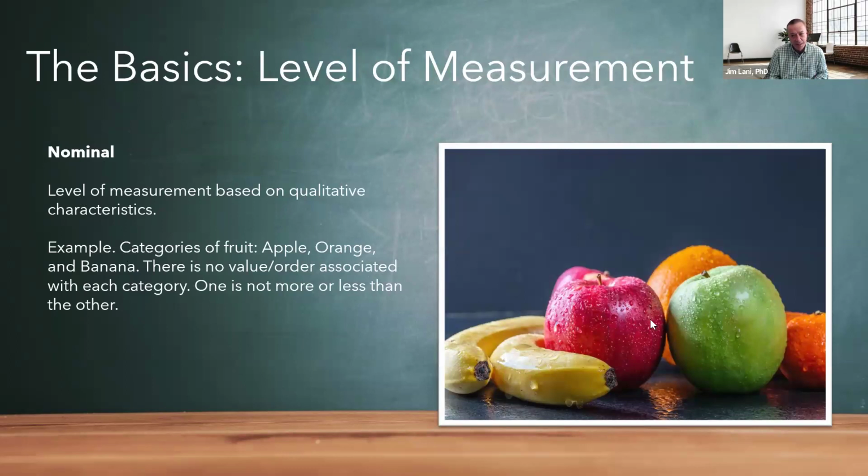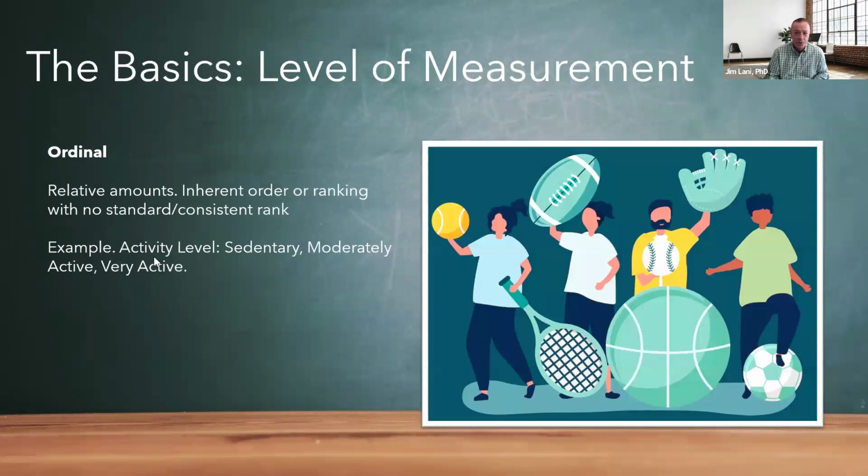So nominal: fruit, apples, oranges, bananas. Nothing's more or less. They're just names of things. Ordinal, activity level is an example: sedentary, moderately active, very active.